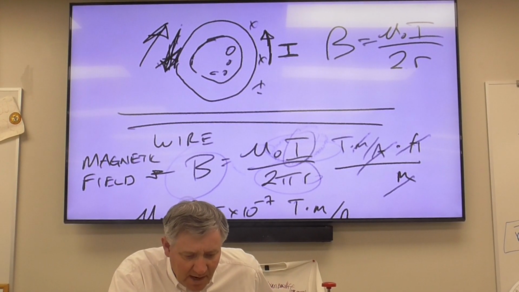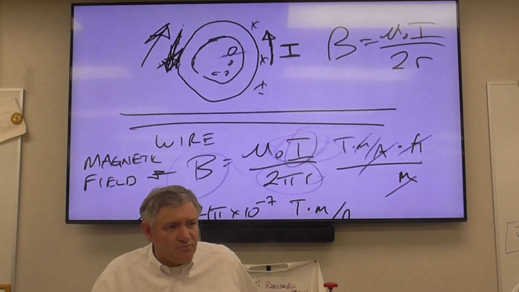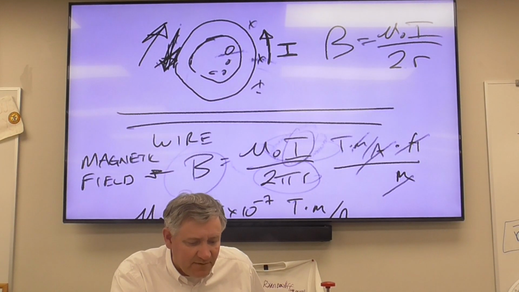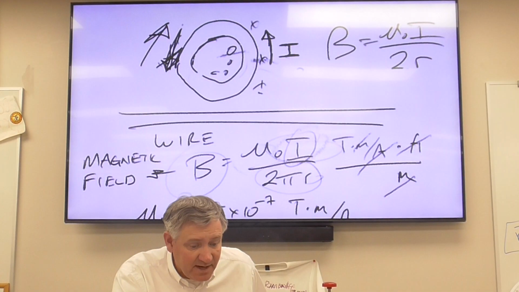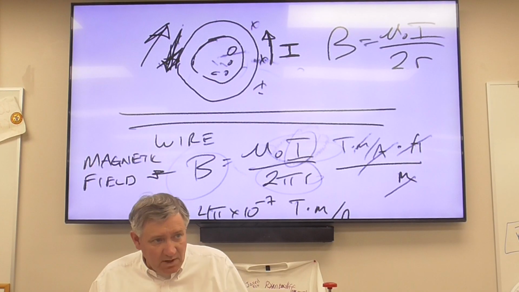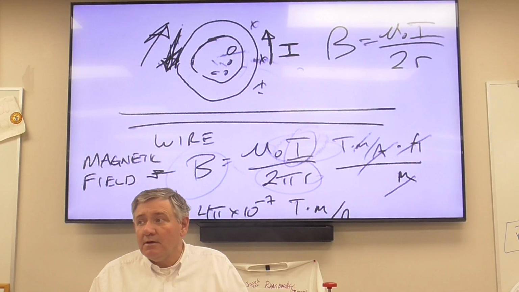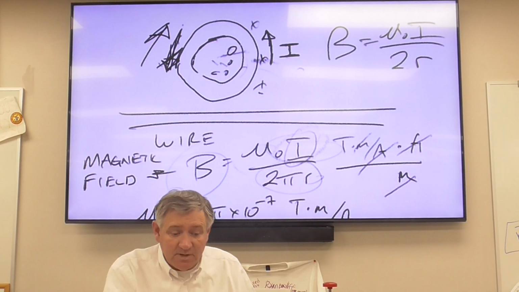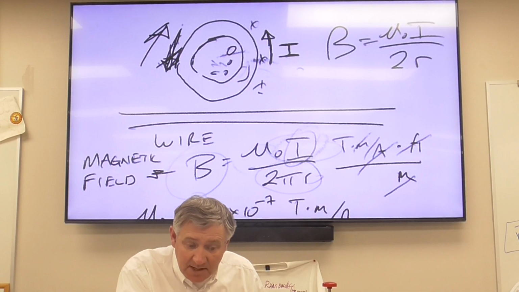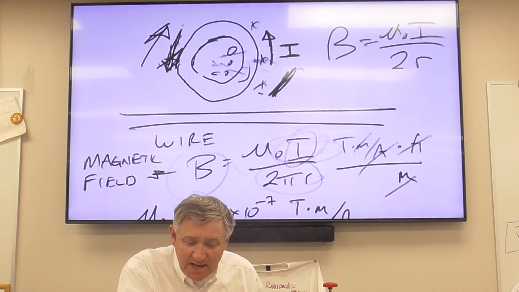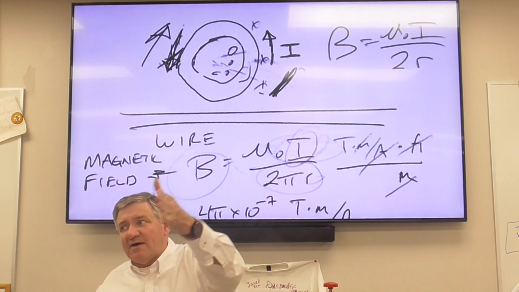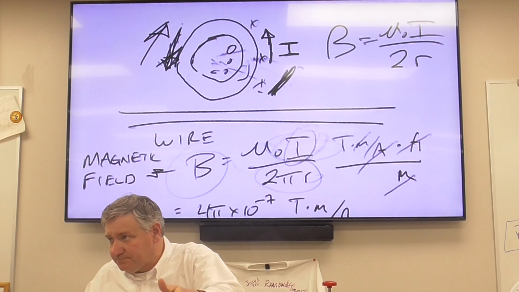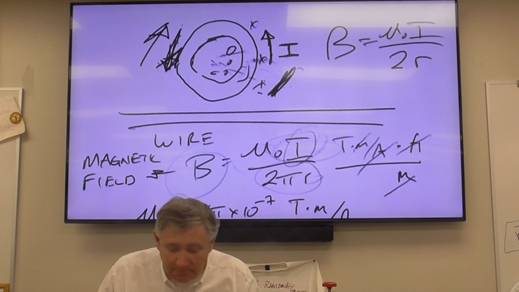If you're talking about a loop, then it's just the radius and how far you are. That is not the radius of the loop itself, it's how far you are from the loop. Typically it says, what's the strength of the magnetic field 5 centimeters from the loop? So from the center of the wire.